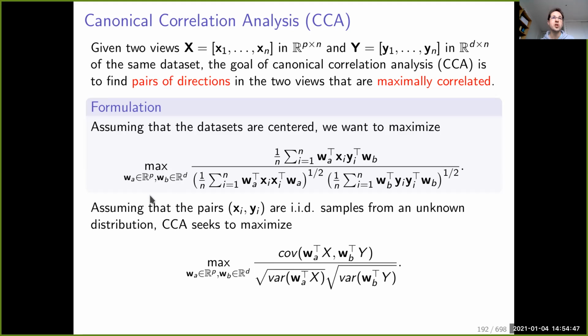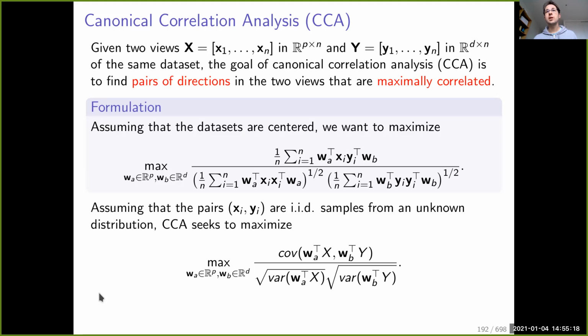Okay. So assuming that the pairs xi, yi are i.i.d. samples from an unknown distribution, in fact, what CCA does is to maximize over WA and WB the correlation of WA transpose X and WB transpose Y. This is why we normalize by the variance here of the projections.